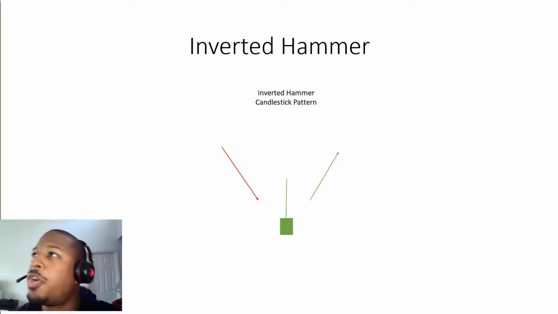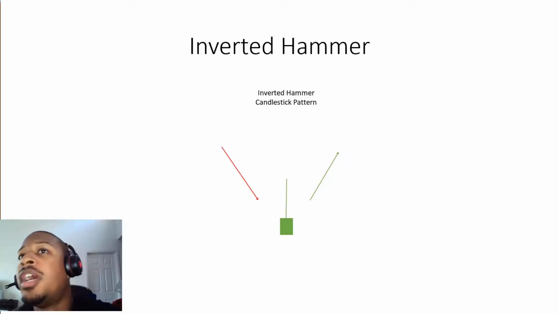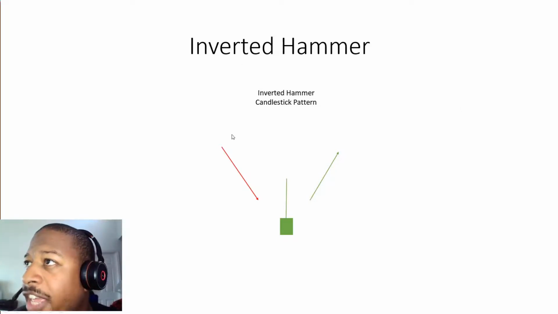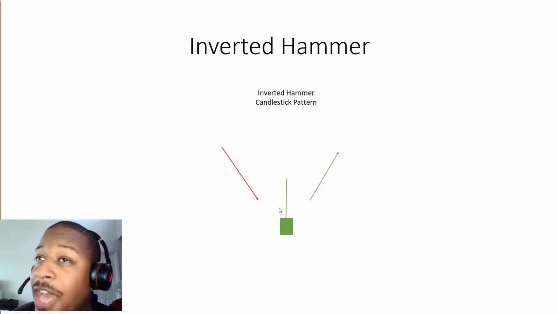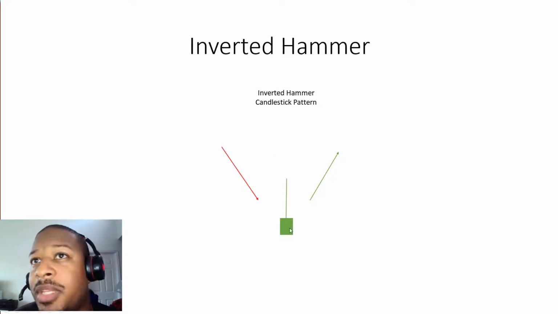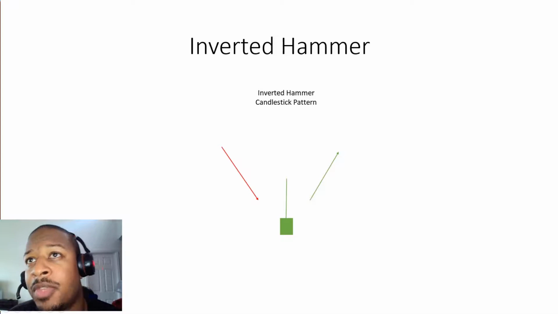Now there's also the inverted hammer. With an inverted hammer, it's formed pretty much like the opposite. It's typically shown at the end of a downtrend, actually, and it gives a bullish sign of reversal as well. So as a trend is forming down, you'll see the inverted hammer candlestick pattern come in, and that's typically a signal that it's about to change.